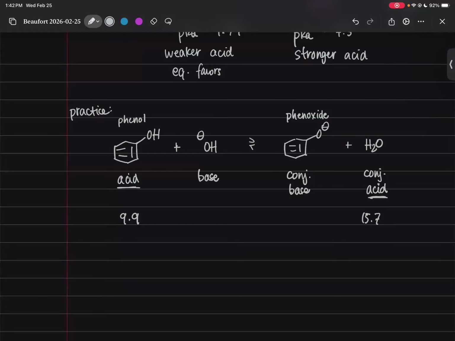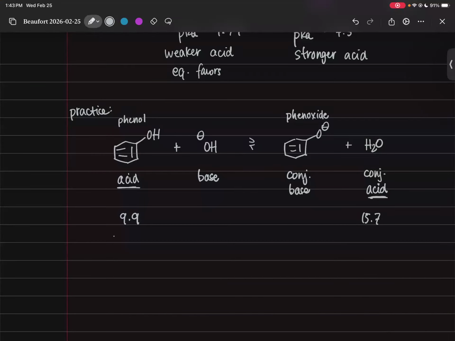So what did you say? No, I'm curious. I didn't hear. That's hydronium. That's a good mistake because other people are going to make it too. So okay, between phenol and water, which is the stronger acid?